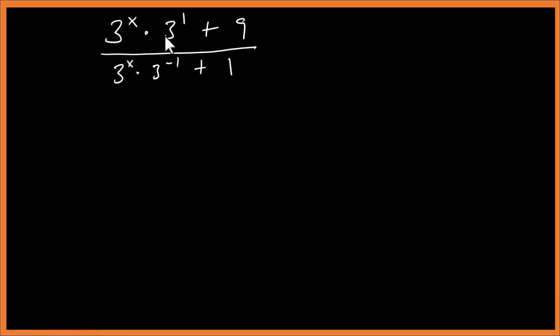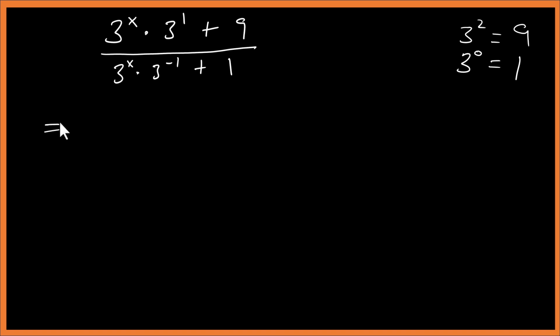Let's go ahead. Since we have base 3, let's see how we can write this 9 and 1. And don't forget 3 squared is the same as 9. And we can also write this 1 as 3 to the power 0, which is 1.